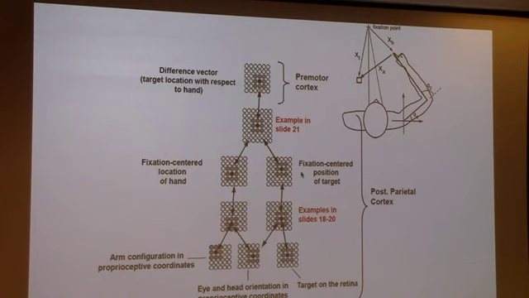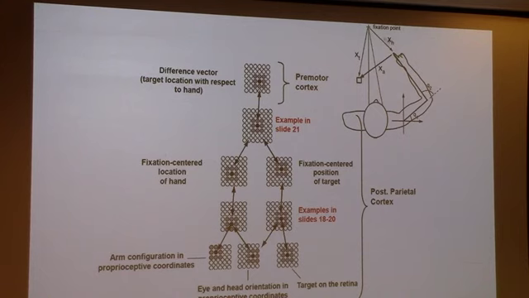So you have the coordinates of the target and your hand in the same fixation center coordinates, so that you will be able to generate a difference vector between your target and your hand. The vector from the target to your fixation point represents where your target is in this fixation coordinate.